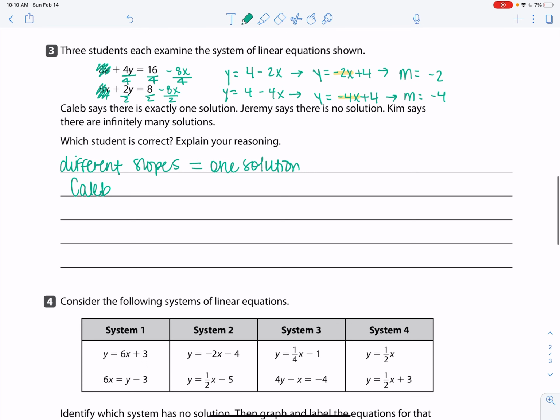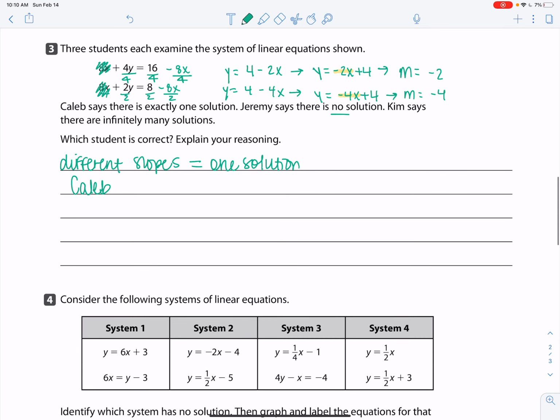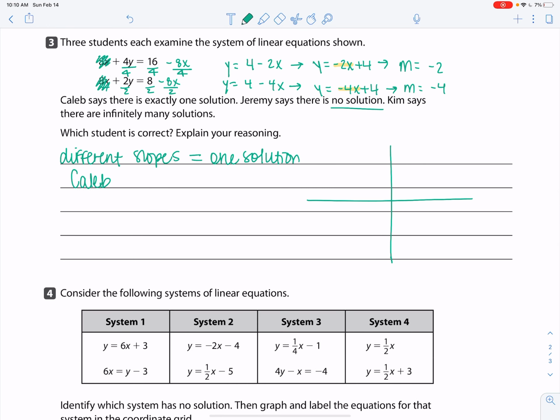And of course, if they ask you, which I believe on the formative we did, what the solution was, since it was one solution, you can graph it if you'd like. So for the top one, we start at 4 for both of them.